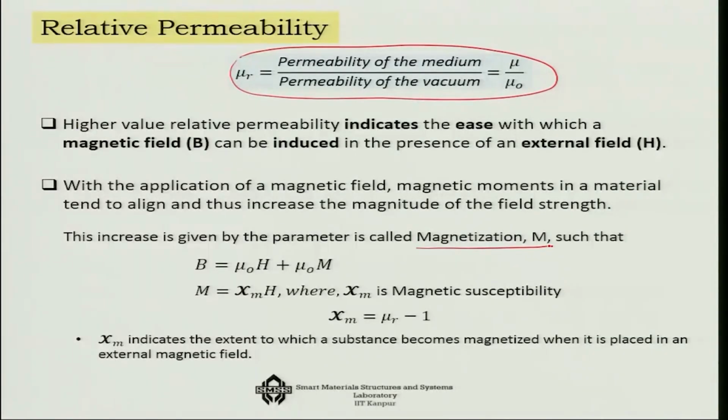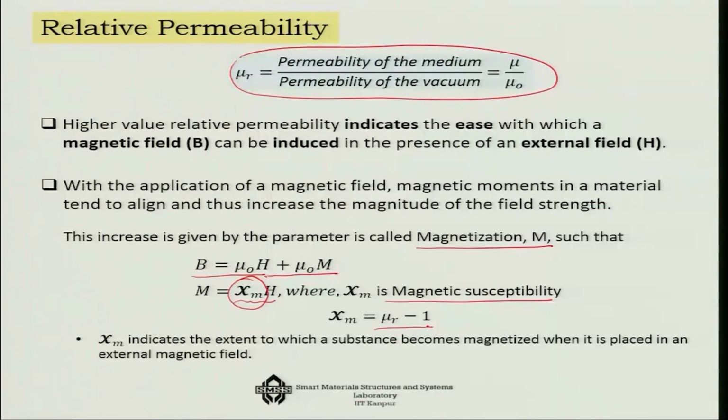The other point is that, just like polarization, there is something called magnetization M, which is present in the material. With respect to the external field, the relationship was B equals mu 0 H, but what if the material is like the lanthanides we talked about? There is a magnetization, so we have to extend it to mu 0 H plus mu 0 M, where M can be expressed as a function of the field strength H with the help of kappa M, the magnetic susceptibility, which is mu r minus 1.